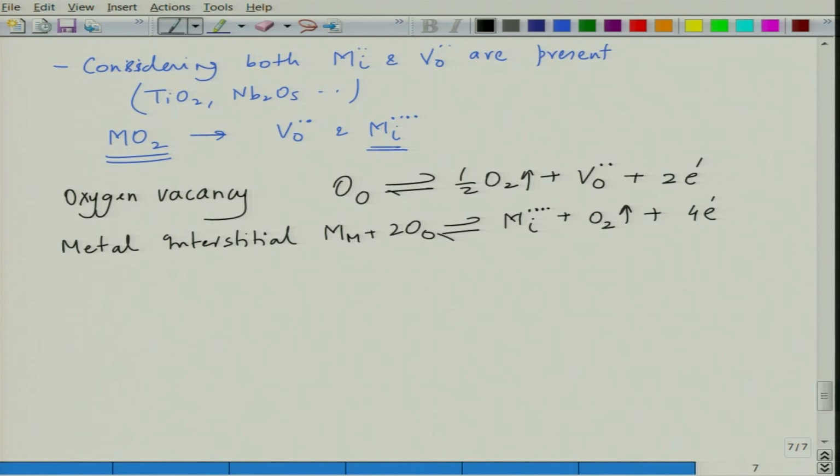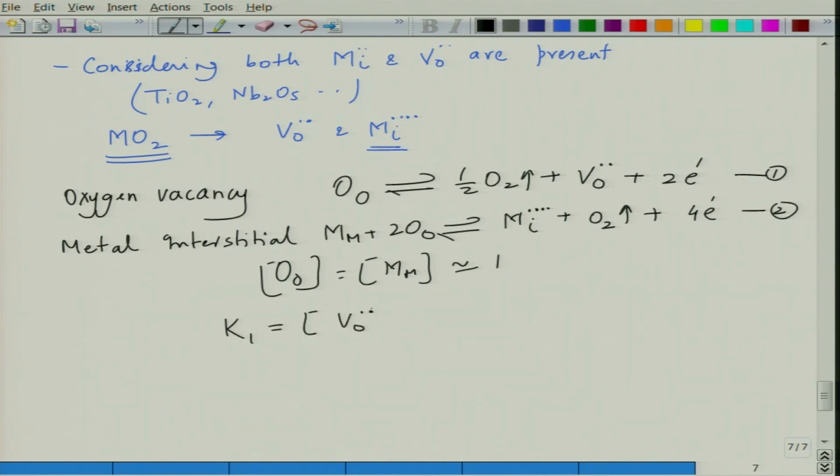You can write the same thing for MO also, considering that OO and MM are equal to 1, since they are very large in number as compared to defects. We can write the defect reactions as, if I take this as 1, this as 2. For 1 I can write K1 as VO into Ne square into PO2 to the power half.